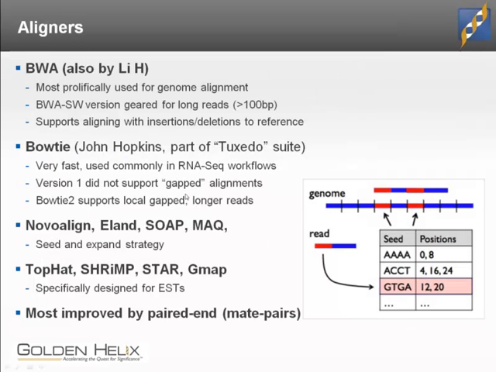Aligners. I won't go into a lot of depth on aligners except to say that the basic issue there is we are making a trade-off. Really the gold standard for alignment was developed in the 1980s, the Smith-Waterman algorithm, but it's too slow to be applied on a genomic scale.